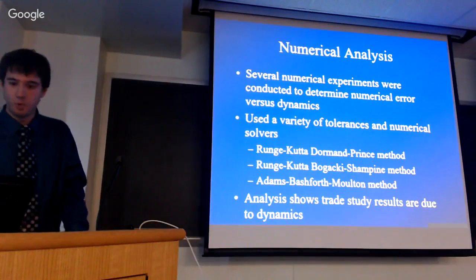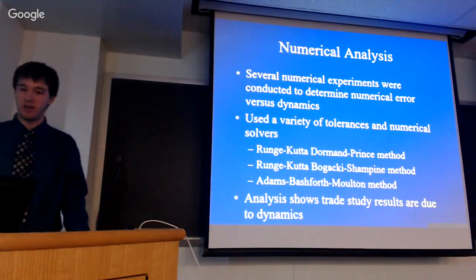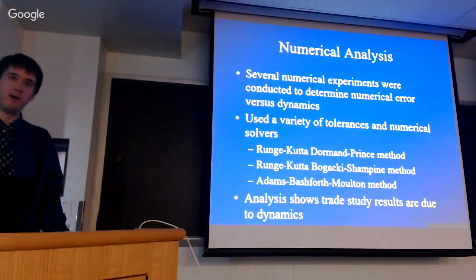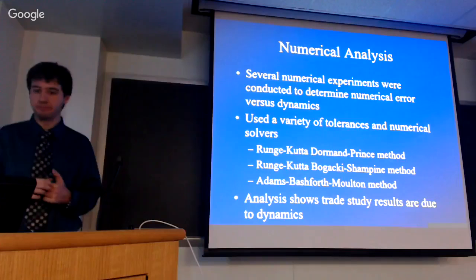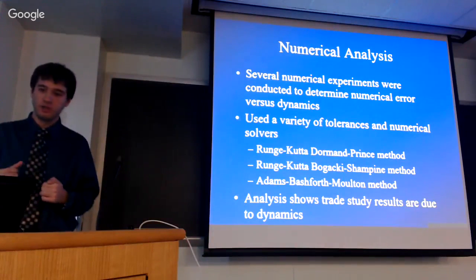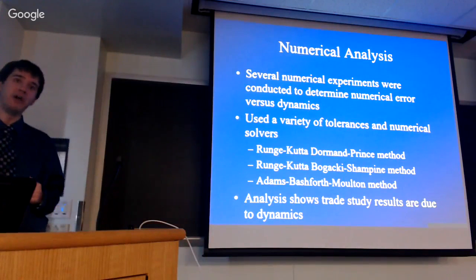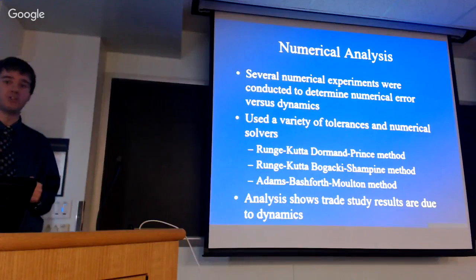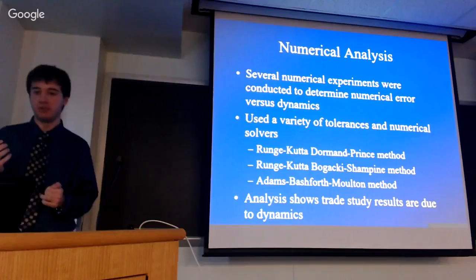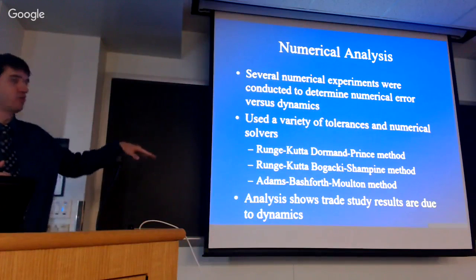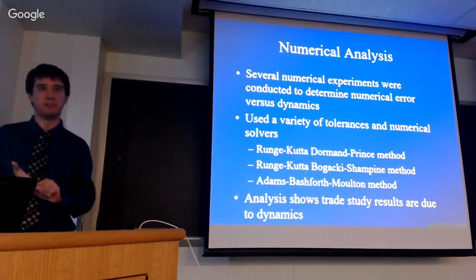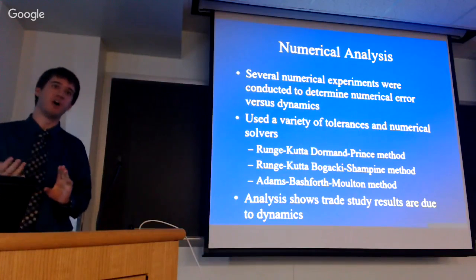So for the Runge-Kutta Dormand-Prince, I found that as you increase the tolerances, the results held up better for higher tolerances than the other methods. They're actually listed in order of how effective they were versus the tolerances.